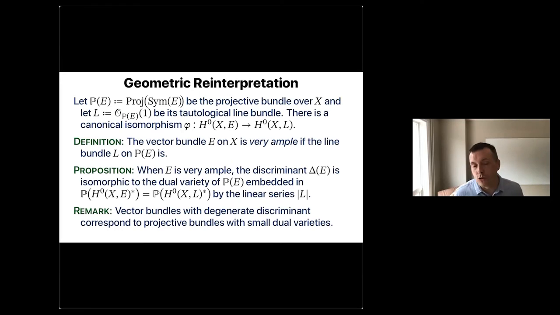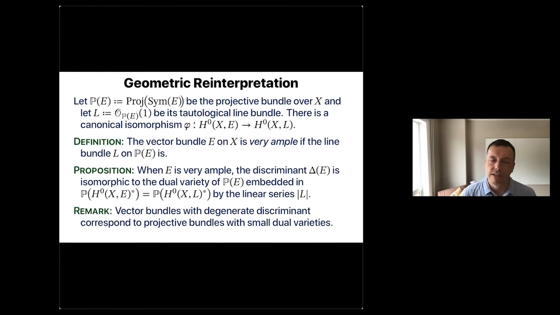So understanding dual varieties is, again, a classical and well-studied thing to do. And understanding this discriminant then becomes a special case of this more general problem of understanding dual varieties for a particular class of varieties, those which are projectivizations of some vector bundle.